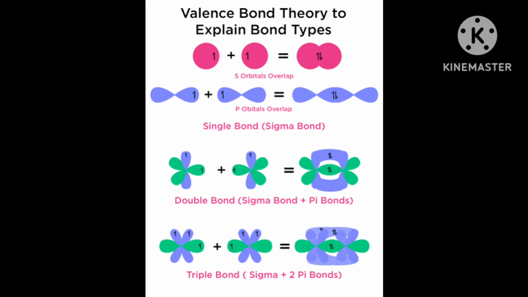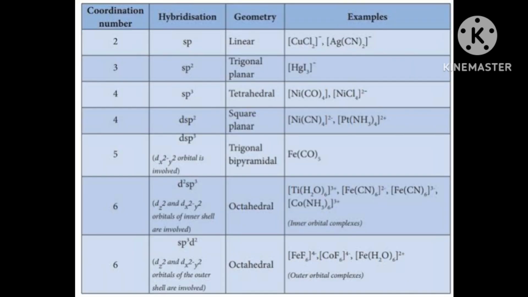Then you will find in the outer d orbital, since 6 ligands are there, 6 d electrons for cobalt 3 plus.